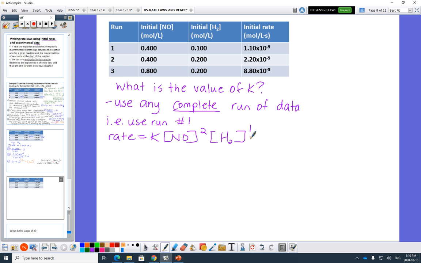We have a rate. We're solving for K. We have concentration.